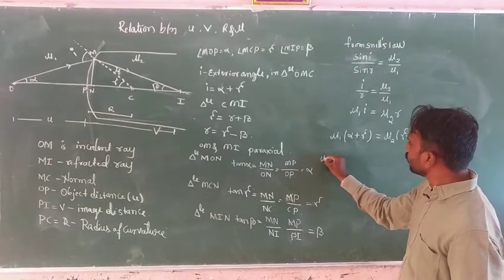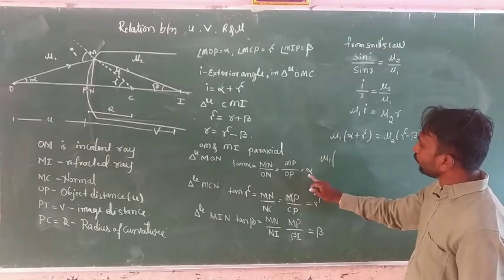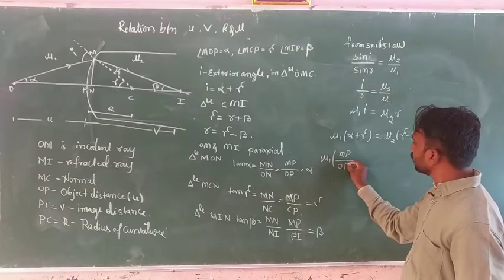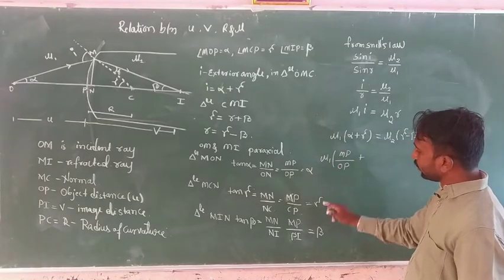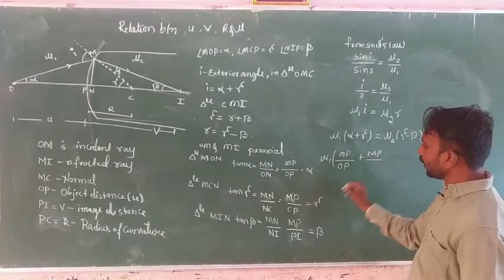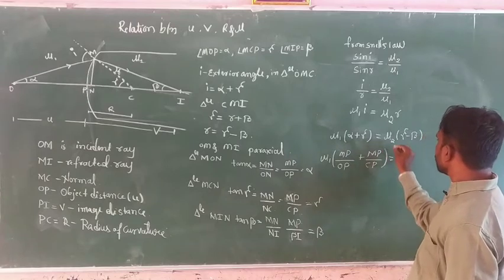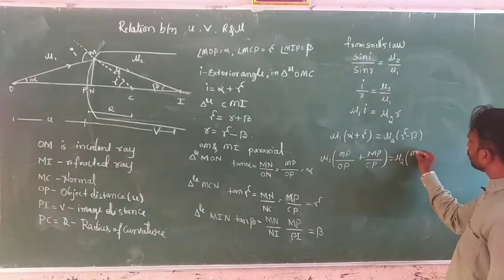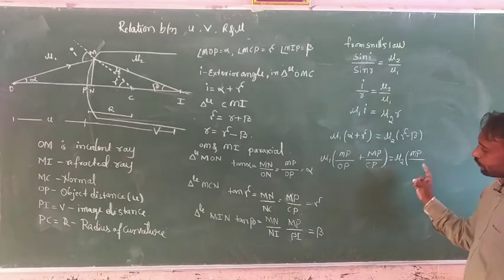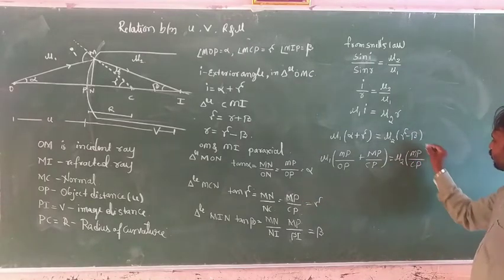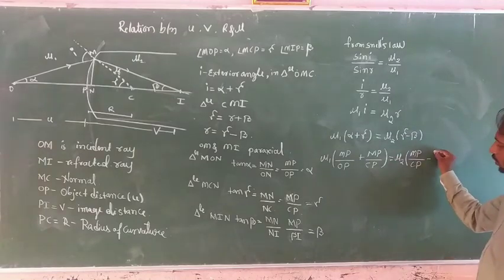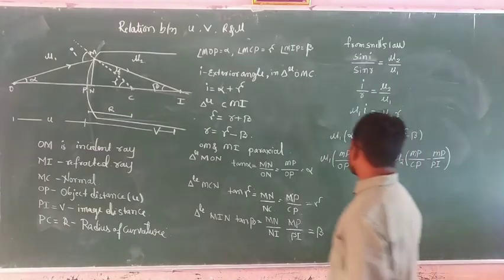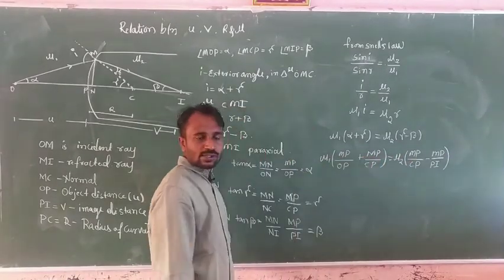So mu1 into alpha, MP divided by OP, plus gamma, MP divided by CP, is equal to mu2 into gamma, MP divided by CP, minus beta, MP divided by PI.